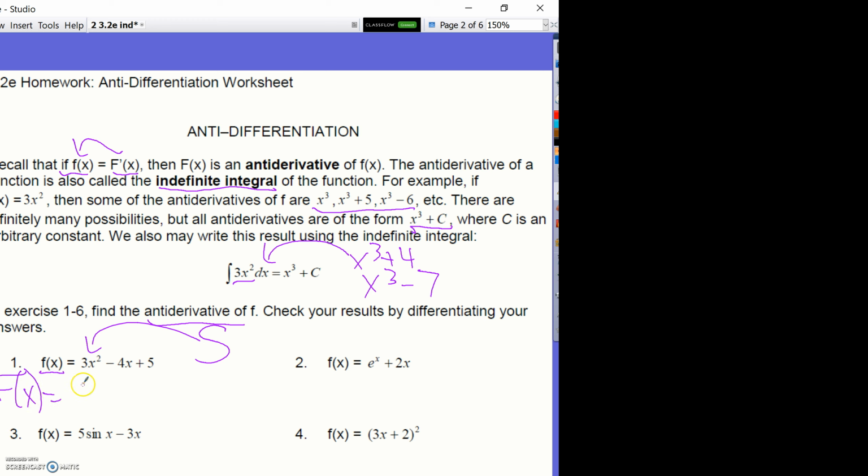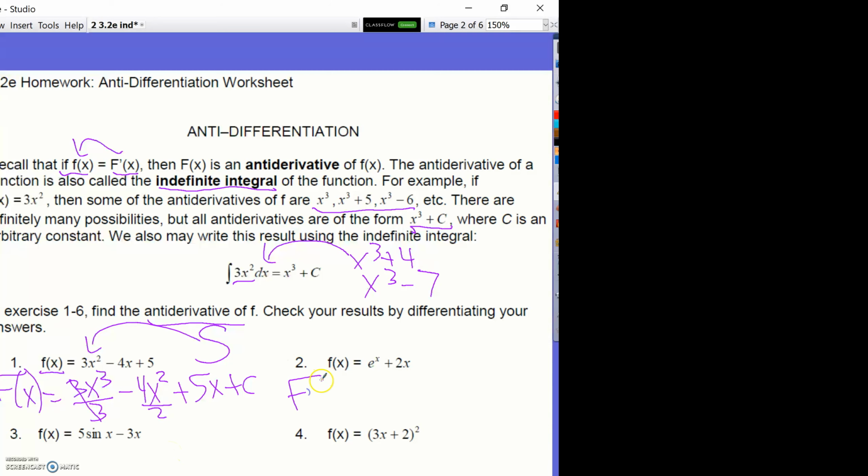The antiderivative of 3x squared is 3x, add 1 to the square, it's cubed, divided by the new exponent, minus 4, it's x to the first, so now it's x to the second, divided by 2, plus if I've got a constant by itself, that is going to be made into a linear term, and then we add c. This is going to simplify to x cubed minus 2x squared plus 5x plus c.